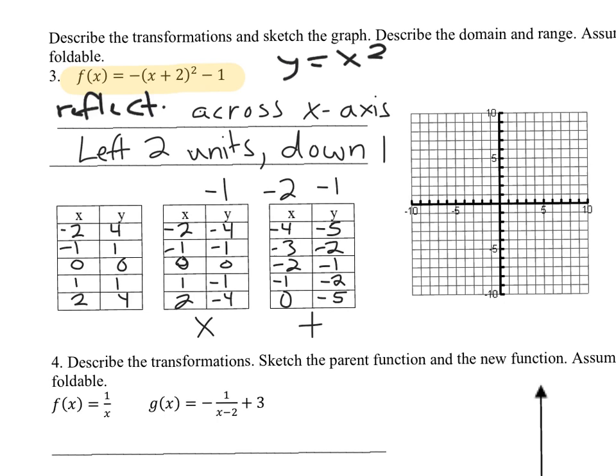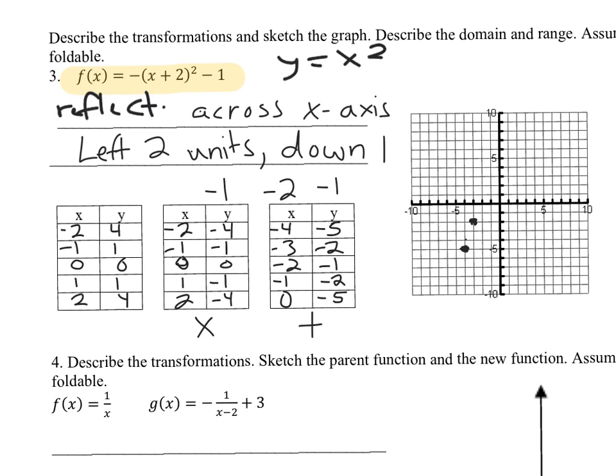So I've got negative 4, negative 5. So 1, 2, 3, 4, 5. So I got a point right here. And then I have a negative 3, negative 2. So 1, 2, 3, then 1, 2. About here.